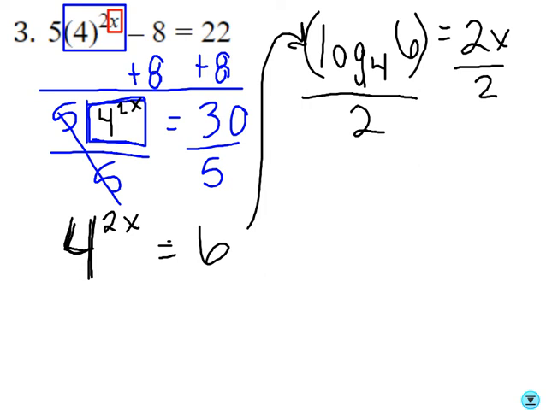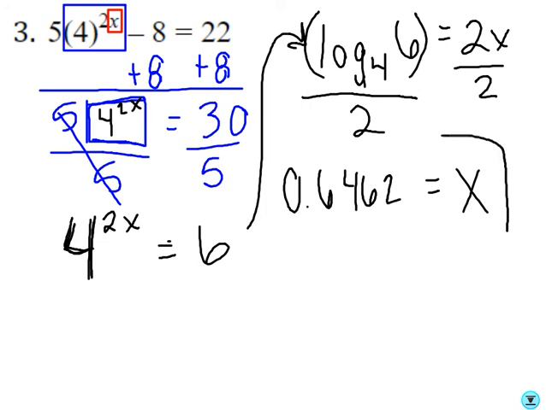We're just going to simply take that number and then divide by 2. So we can put this into our calculator. Log base 4 with an argument of 6, divide by 2, and we get 0.6462.